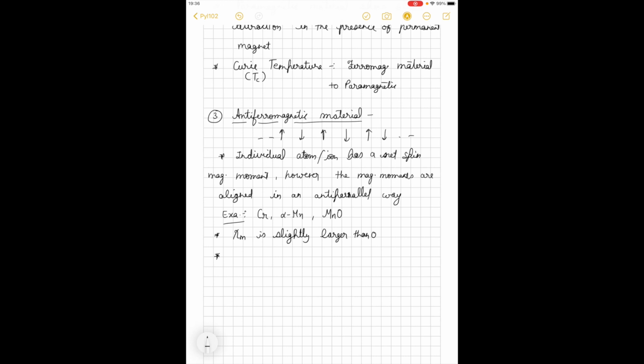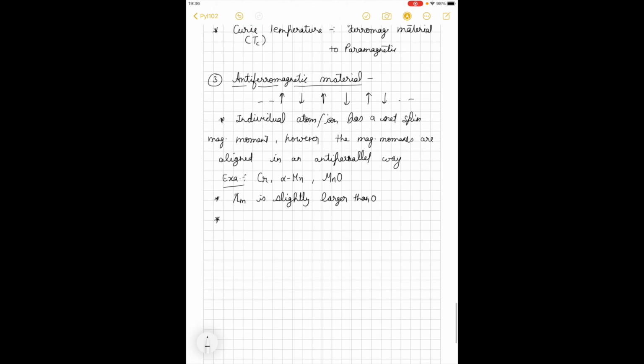If we increase the temperature, because of the thermal energy that you are imparting to the system, the coupling gets destroyed and the material becomes paramagnetic. The spins are oriented in all different directions. All right. So again, there is a transition from antiferromagnetic to paramagnetic phase, and this transition temperature is called the Néel temperature.